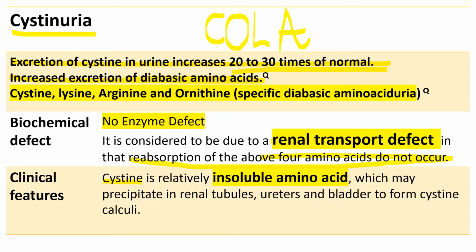That cystine is relatively insoluble, an amino acid which may precipitate in the renal tubule, ureters, and bladder so as to form cystine stones. Here cystine calculi are formed in the renal tubule, in the ureter, and in the bladder. Okay.